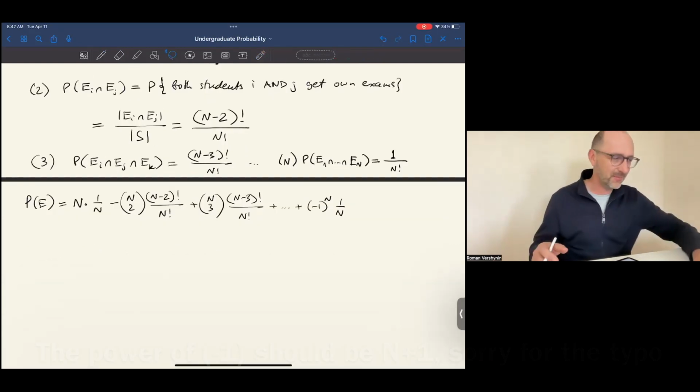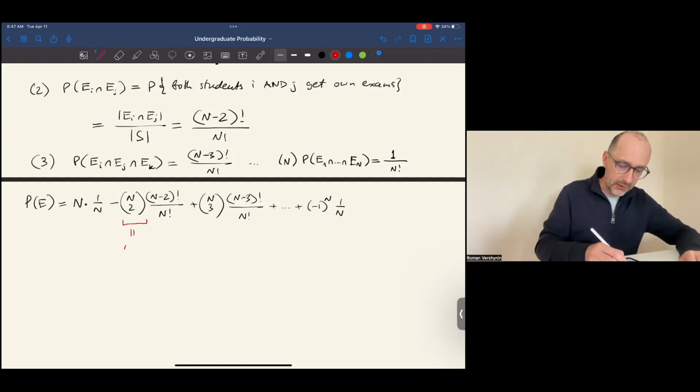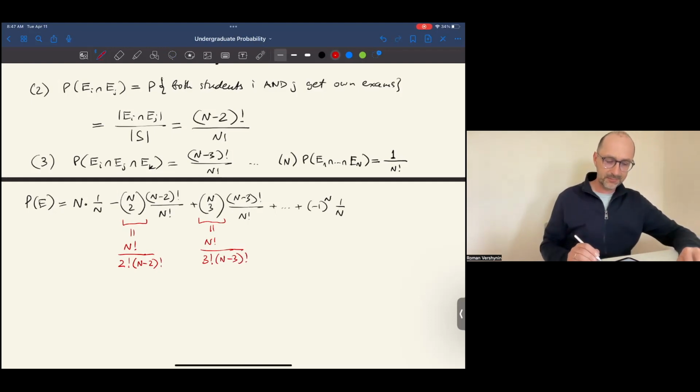Let's simplify. Remember the definition of the binomial coefficient. It's n! divided by 2!(n-2)!. Similarly, this is n! over 3!(n-3)!, and so on.